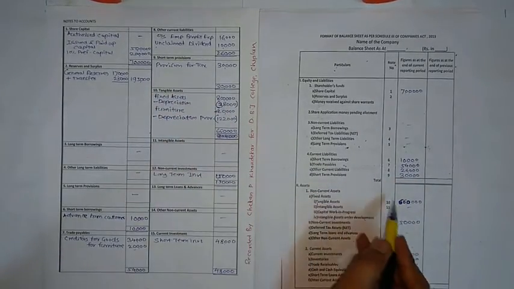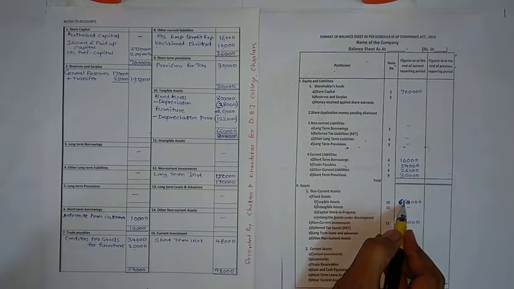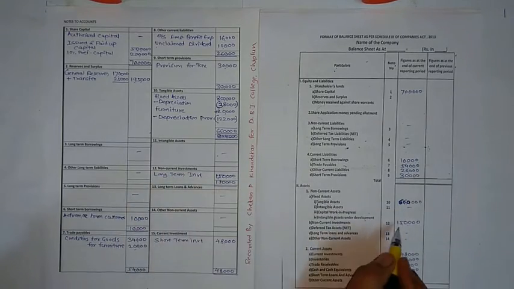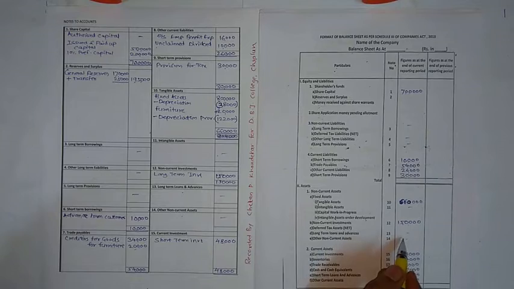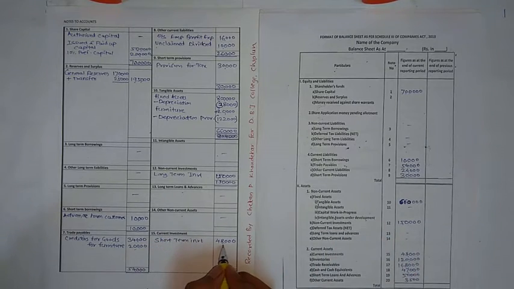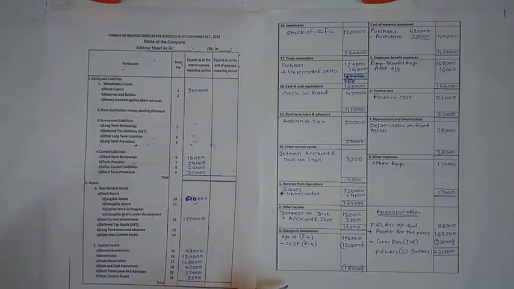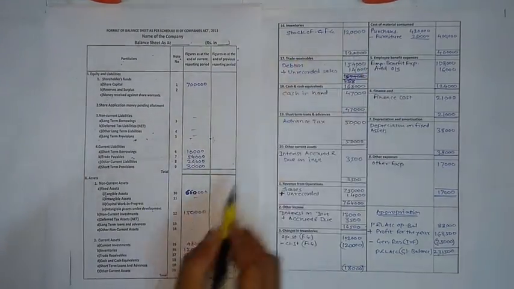Note number 10, 6 lakh 60,000 tangible assets. Intangible asset, note number 11, blank. Note number 12 is 1 lakh 50,000. 13 and 14 are blank. Note number 15 is 48,000. Note number 16 is inventories 1 lakh 20,000.